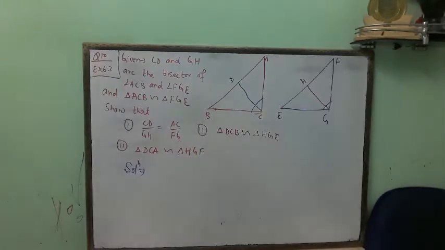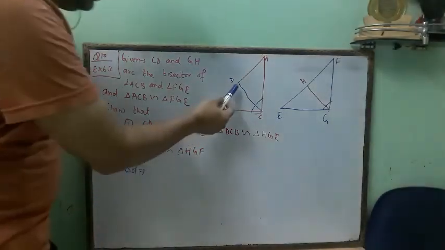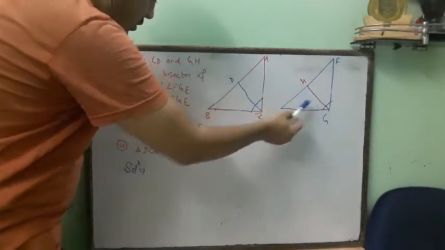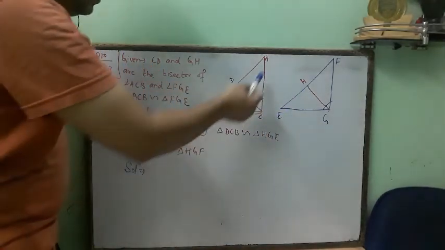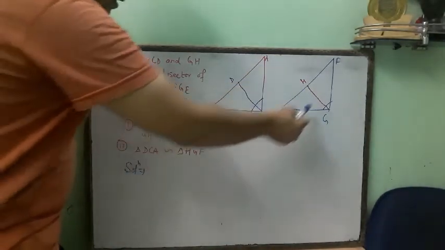Now students, this is question number 10 of exercise 6.3. It is given that CD and GH are the bisectors of angle ACB and angle FGE, and also that triangle ACB is similar to triangle FGE. We have to prove, first, that CD divided by GH is equal to AC divided by FG.